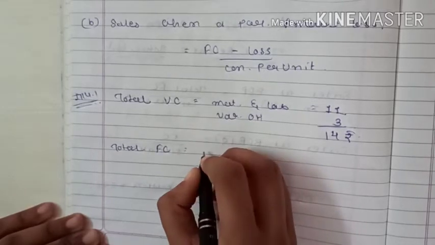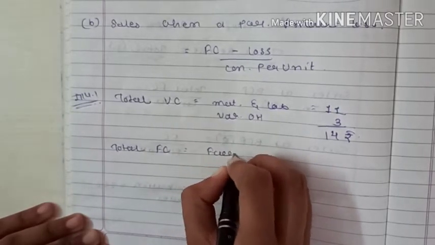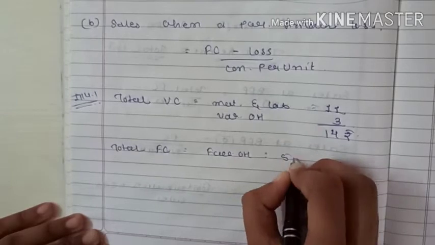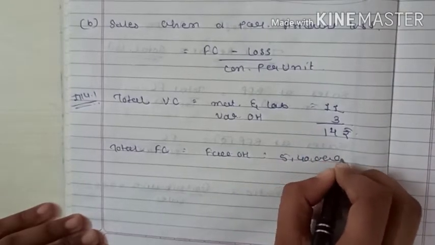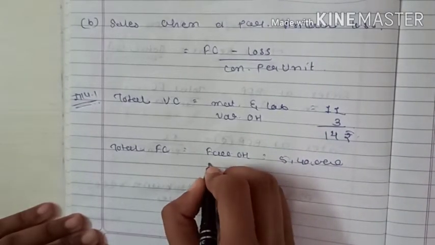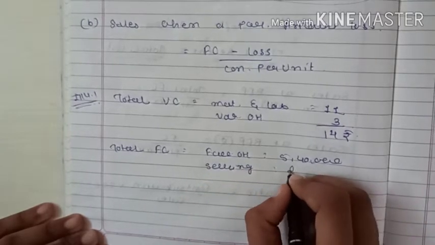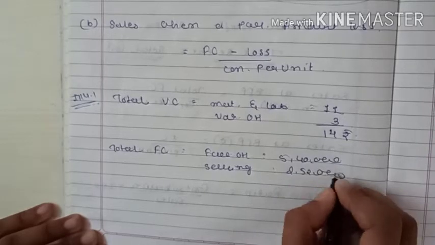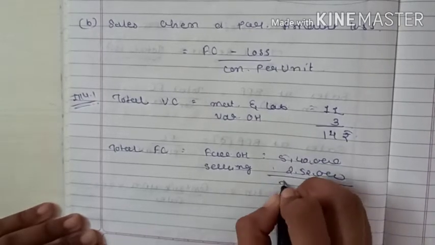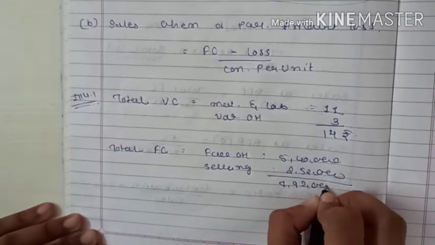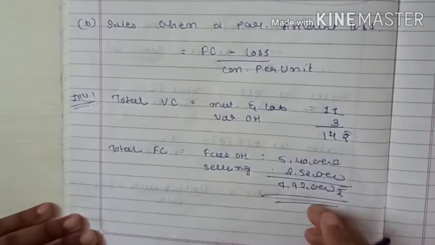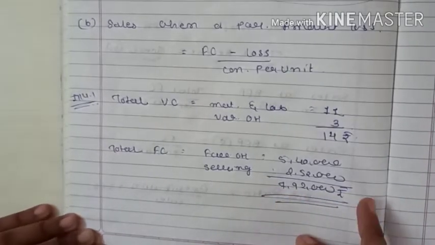Total fixed cost is equal to factory overhead 5,40,000, then selling overhead 2,52,000. Total of the cost is 7,92,000. Total fixed cost will be 7,92,000.